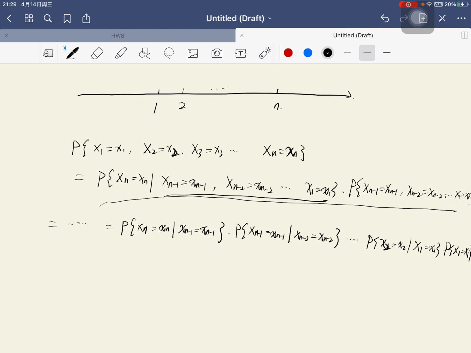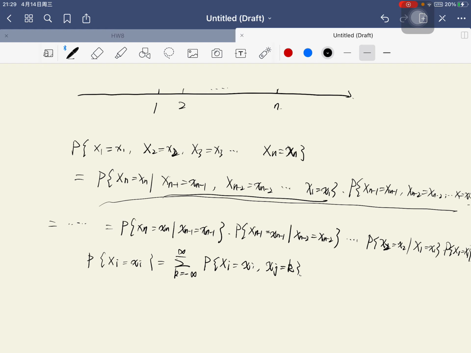And we could get that the probability of Xi equals xi is equal to the sum over k from minus infinity to infinity of the probability of Xi equals xi and Xj equals k.